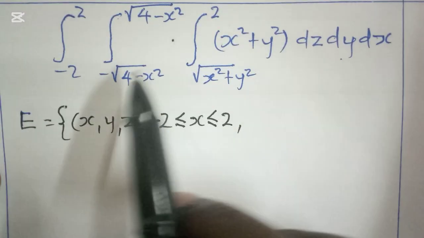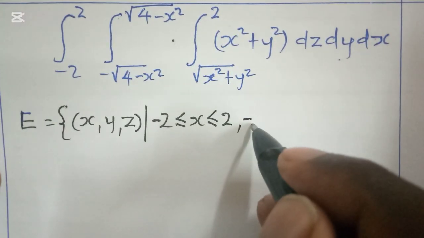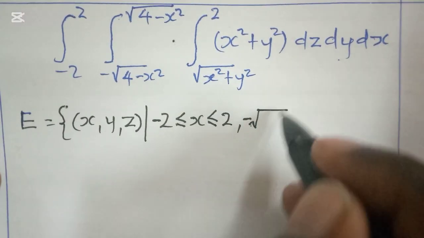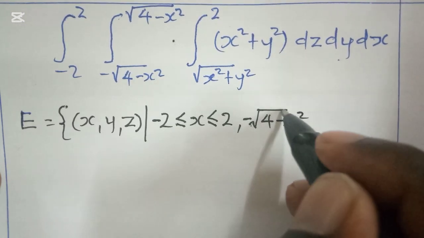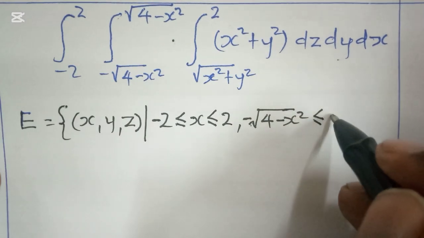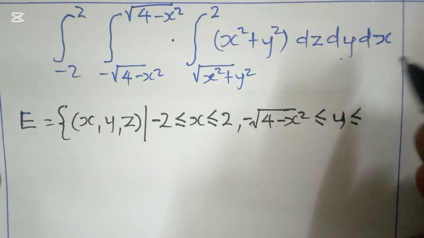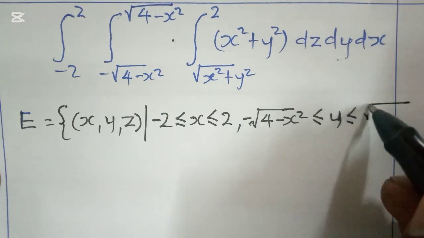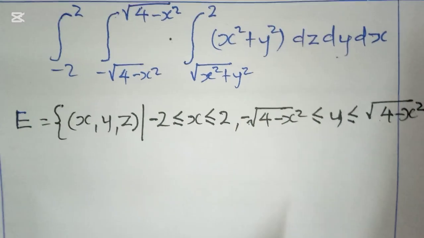Coming to dy, we have negative square root of 4 minus x squared. This one now guys is the region of y. We write it like that. So this other one will be square root of 4 minus x squared.